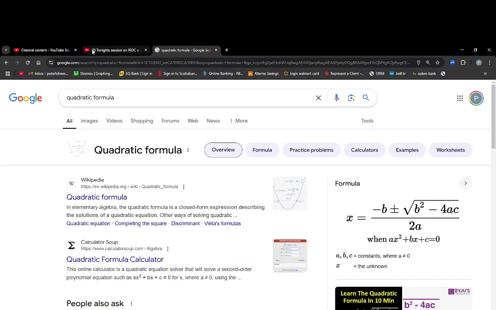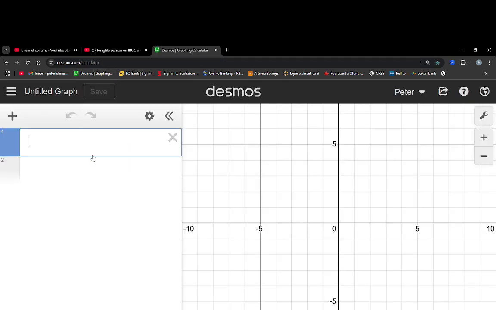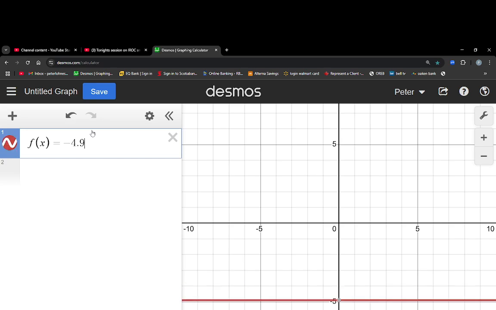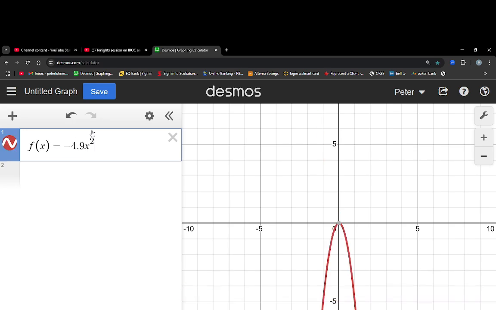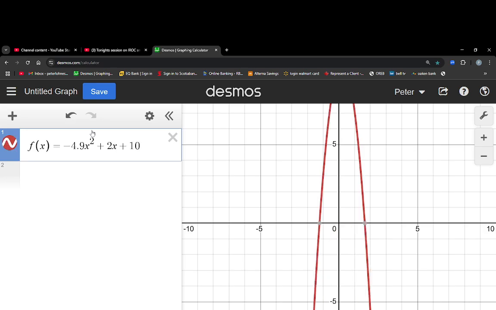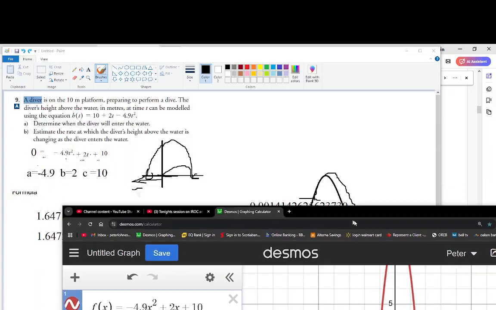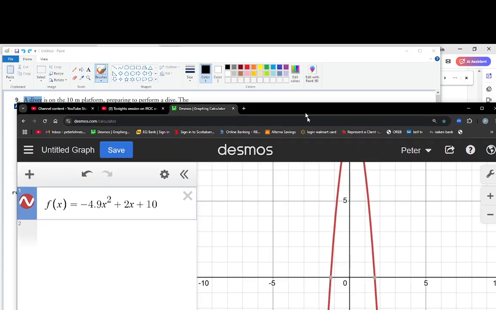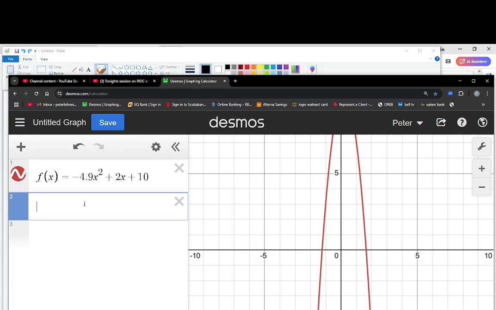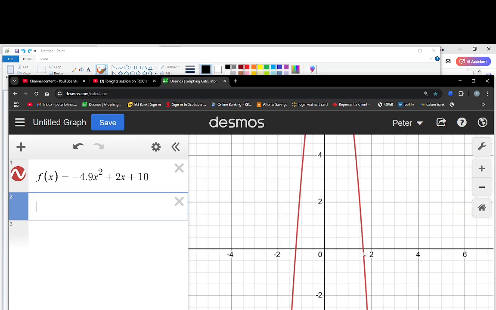And if you were ever in doubt, you would take your calculator. Remember, it doesn't like t's. Plus 10, I think. Was it plus 2x? Let's just go back and check. Plus 2x plus 10, yep. And notice if I set my height to 0, or I can just look at the graph, sure enough, I got the time correct.